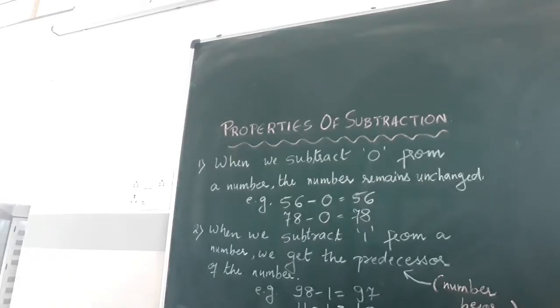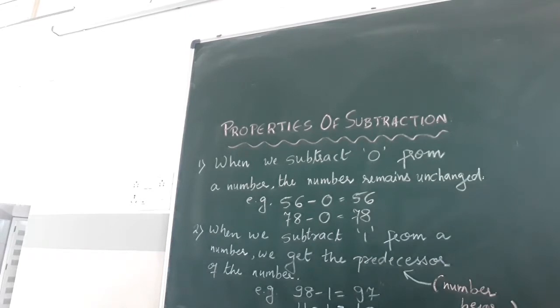Now let us see the properties of subtraction. First property, that is when we subtract 0 from a number, the number remains unchanged. That is, you get the same number. Now see the language used in word problems. How can it be read? The first example is given, 56 minus 0 is 56.